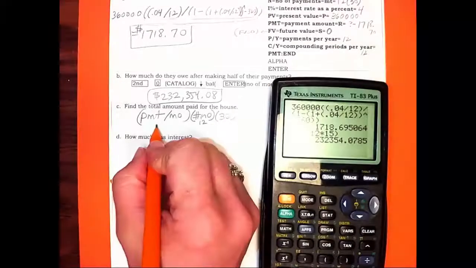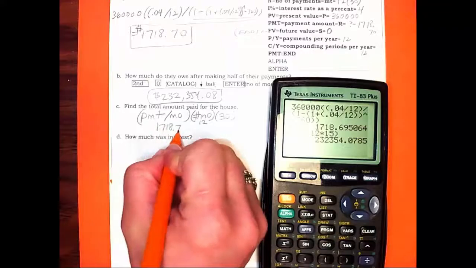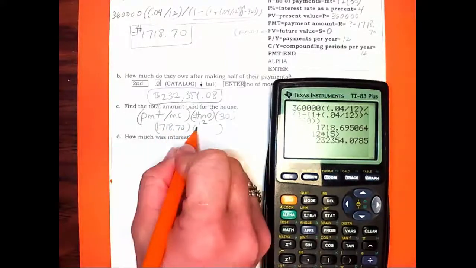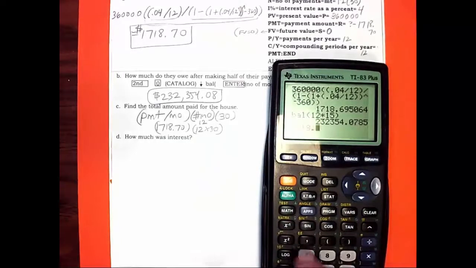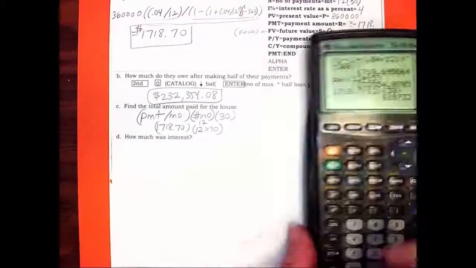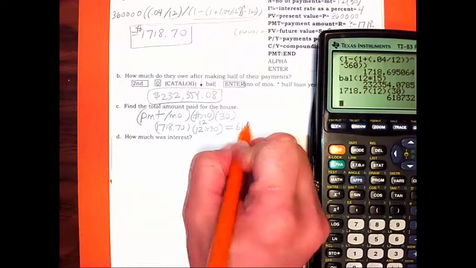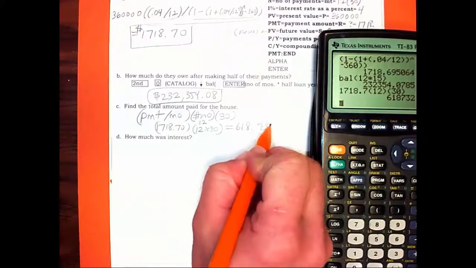So we've got 17, 18, 70, and to figure out how many months, we take 12 times 30. So 17, 18, 70 times 12 times 30. Whoa, we are paying $618,732 for the house.